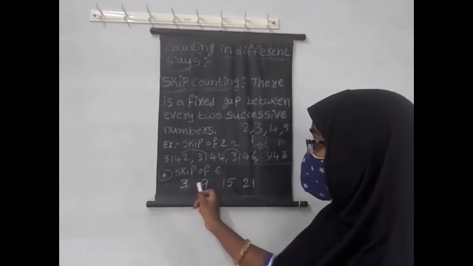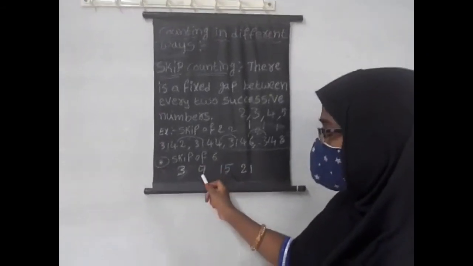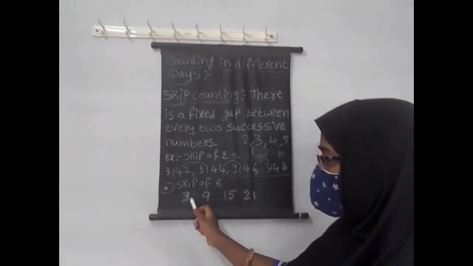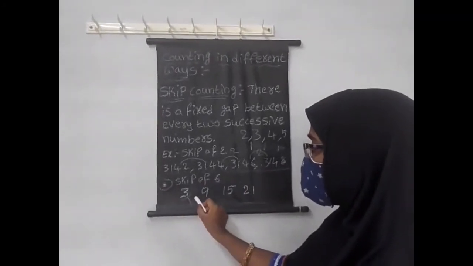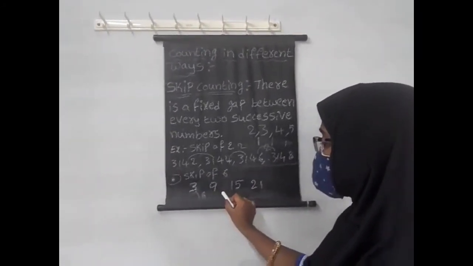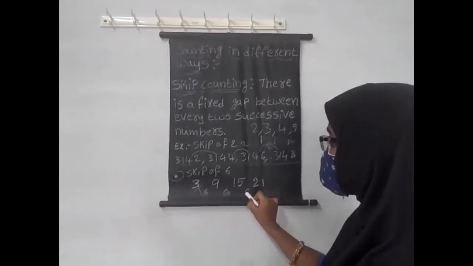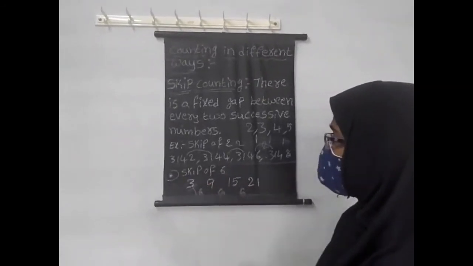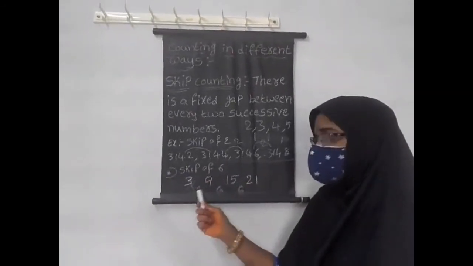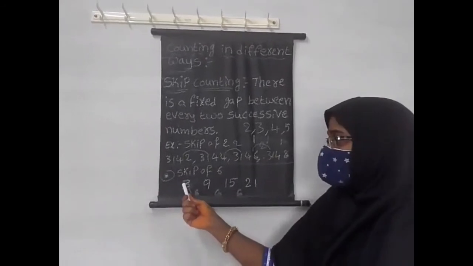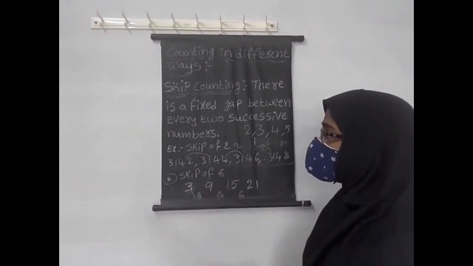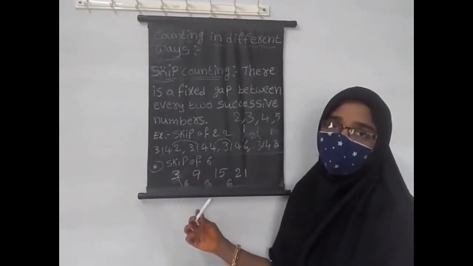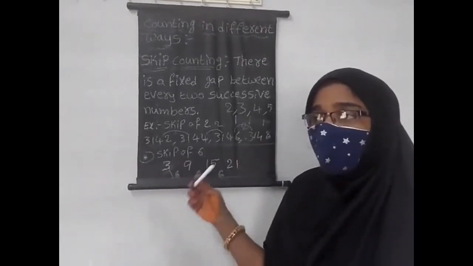Like this, the difference between the next successive numbers is 6. Here 6, and here also 6. The difference between two successive numbers is 6. This process is called skip counting of numbers.